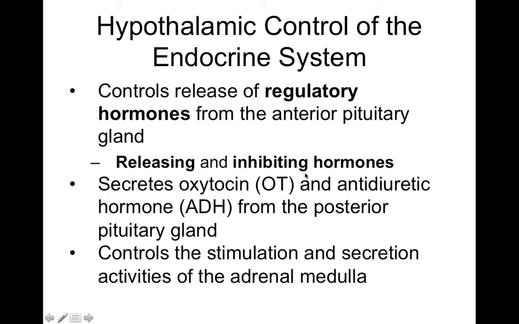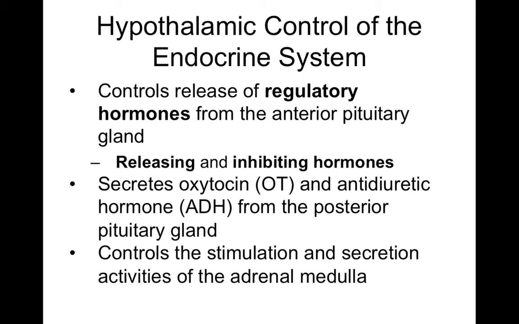Now, the hypothalamus also creates inhibiting hormones, which can inhibit pituitary functions. One thing that's different between the anterior and posterior parts of the pituitary gland is that the anterior pituitary gland is made of glandular tissue that's excited by hormones released by the hypothalamus itself.